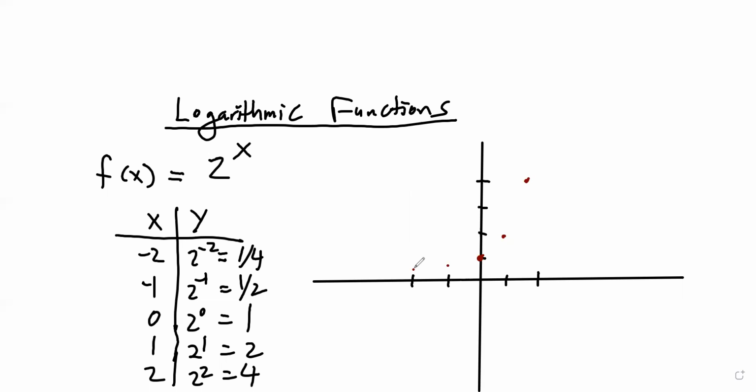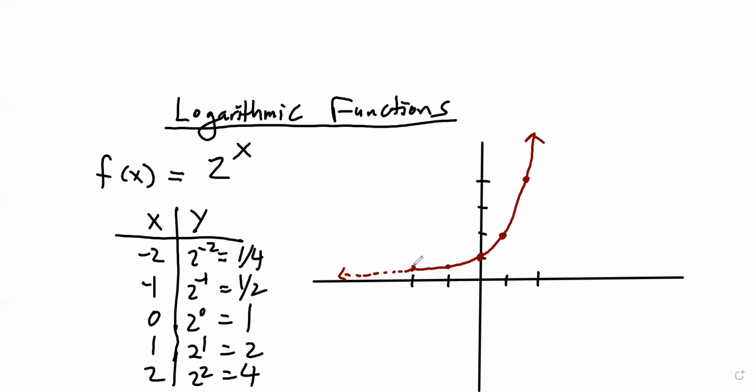So that's our exponential function, right? This is just going to keep going, and of course it's going to approach 0 like this. Okay. So now, what does the inverse graph of this look like?